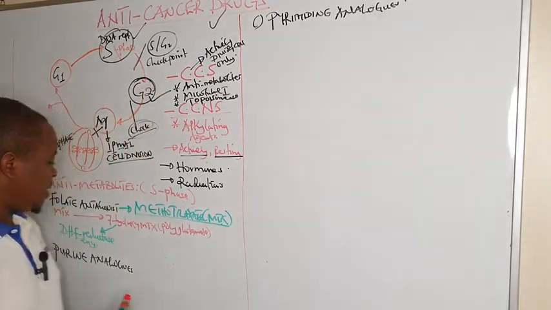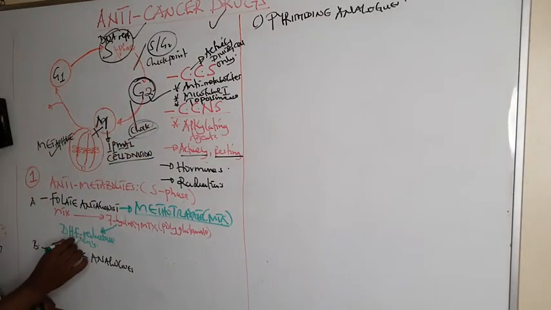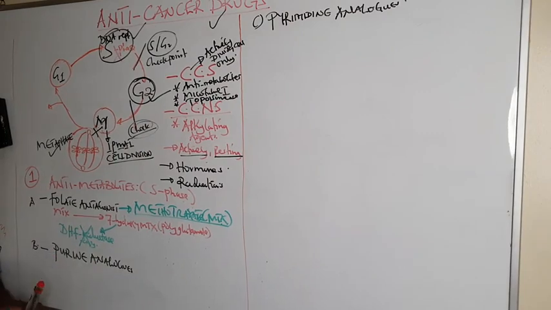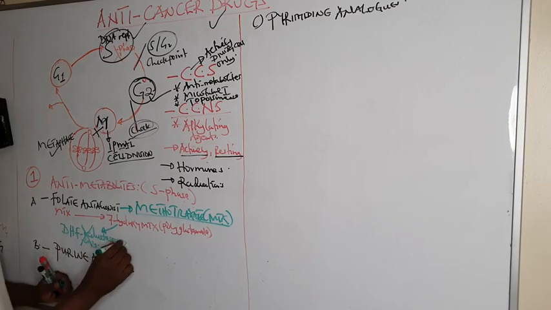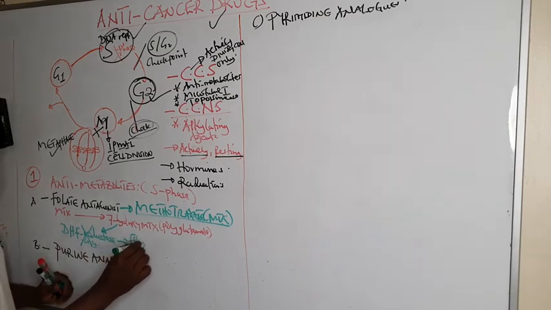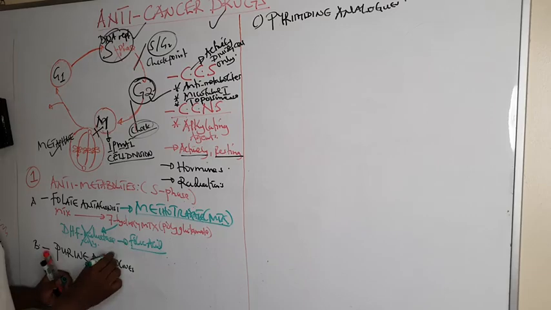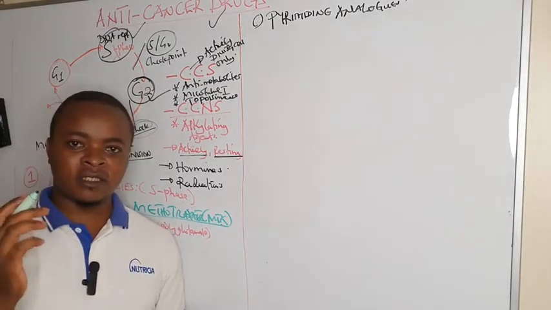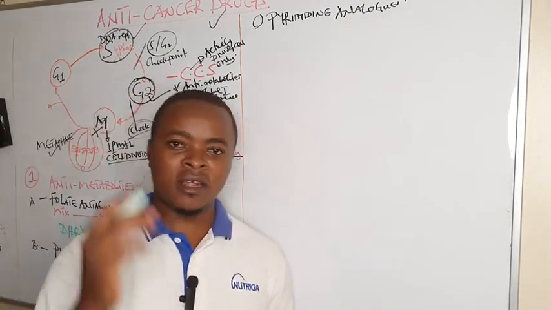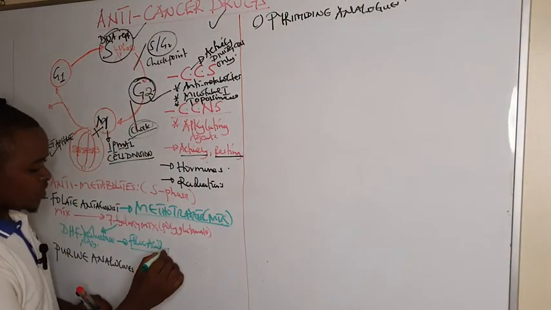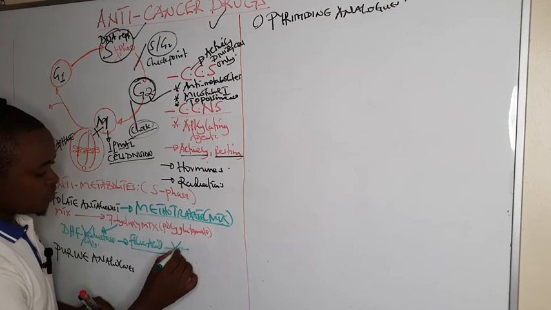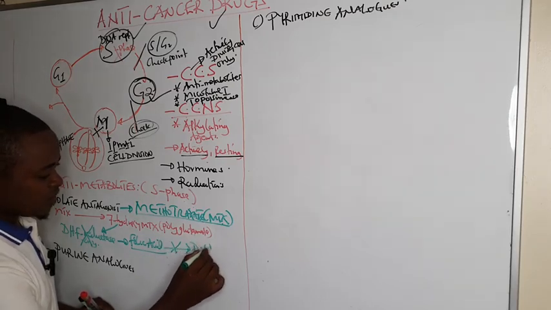So when we inhibit dihydrofolate reductase, we are not able to form folic acid. Without folate, the precursor for the synthesis of DNA and RNA, DNA formation is inhibited.